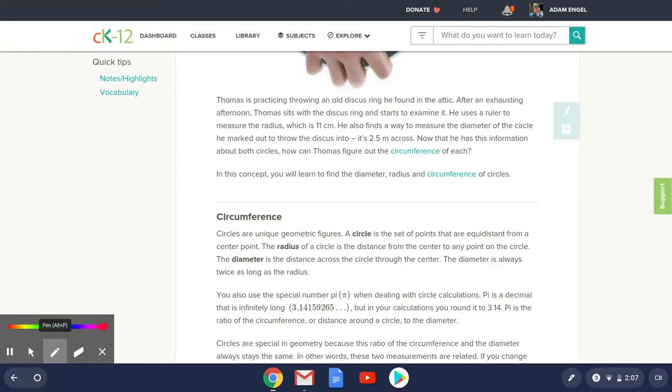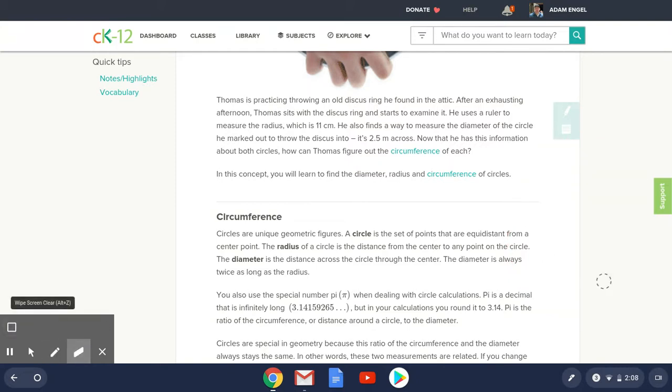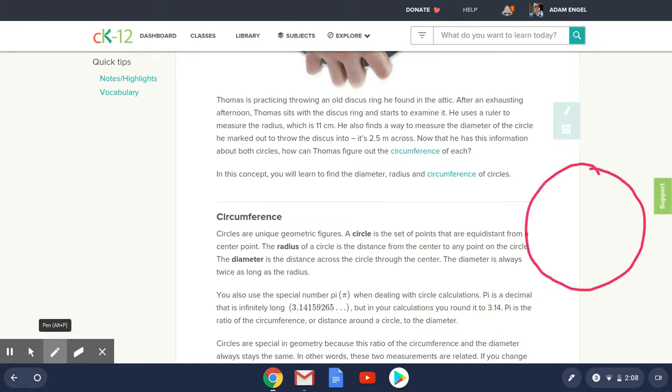Circles are geometric figures. We know that. Circles are shapes. A circle is the set of points that are equidistant from the center point. So if we have a circle, right? Actually, that's not a perfect circle. A perfect circle is really hard to draw. But let's pretend that this is a perfect circle. It's perfectly round. It's the set of points that are equidistant from a center point.